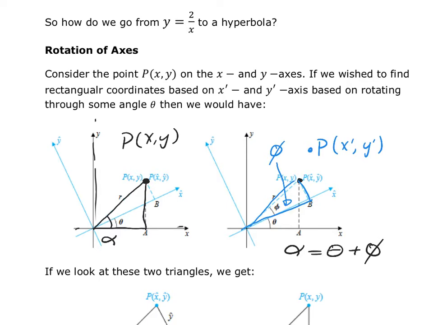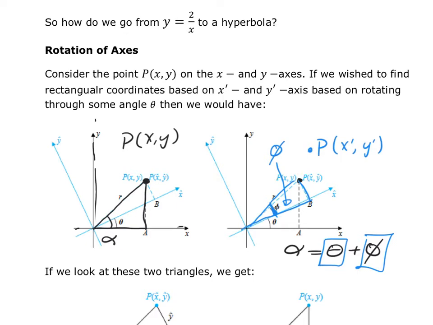The rotated amount is theta. So theta is the rotated amount, and then phi is now the angle that is formed between the new axes and the point, which is still in the same spot. So that is this part right here. So that's where phi is. How are we doing? We're doing okay so far?